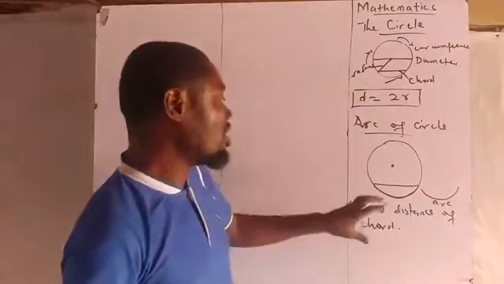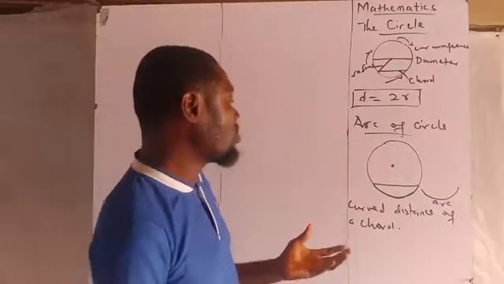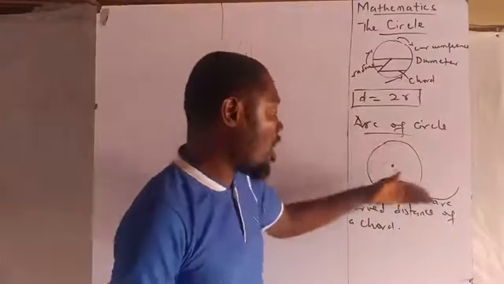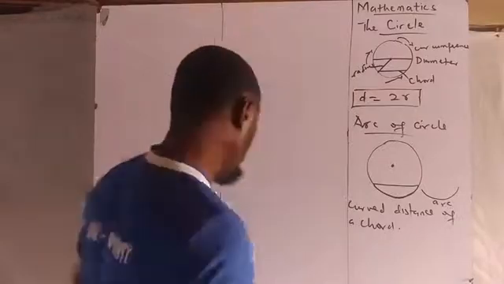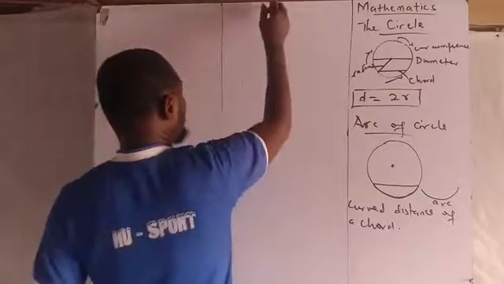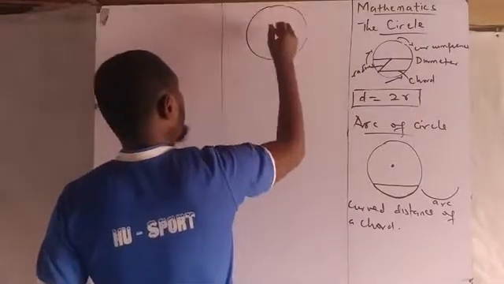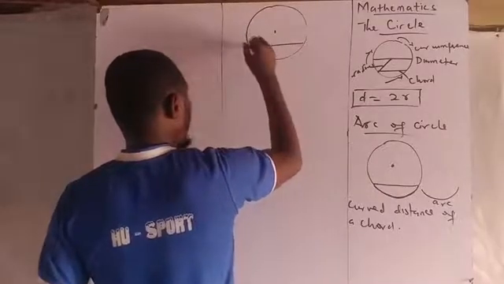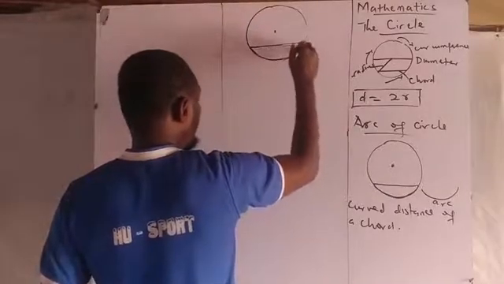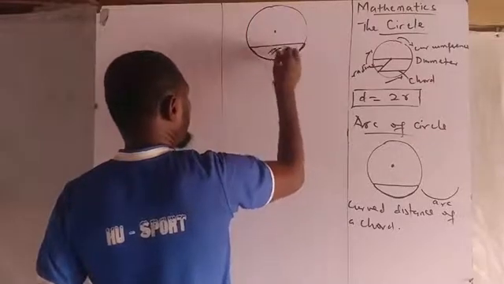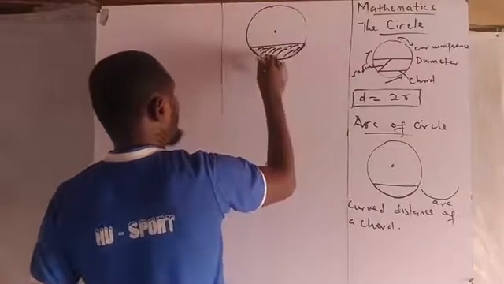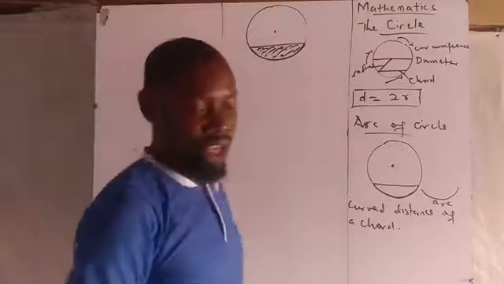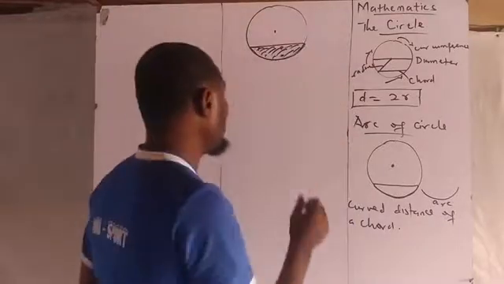Now, the portion that contains the chord and the curved distance, that portion that has the chord and has the curved part, look at it here, that portion that has the curve in that manner is called the segment.